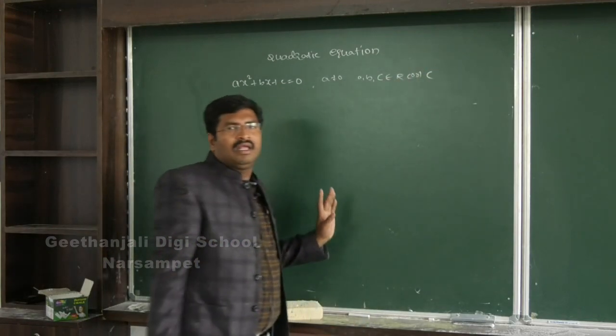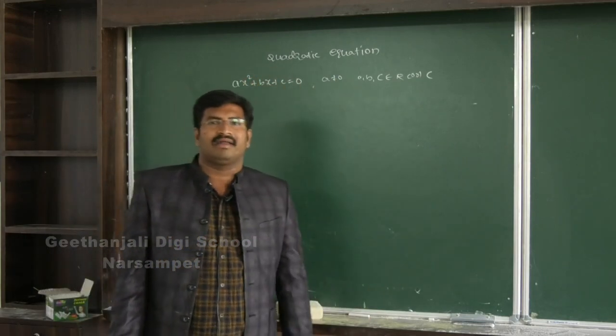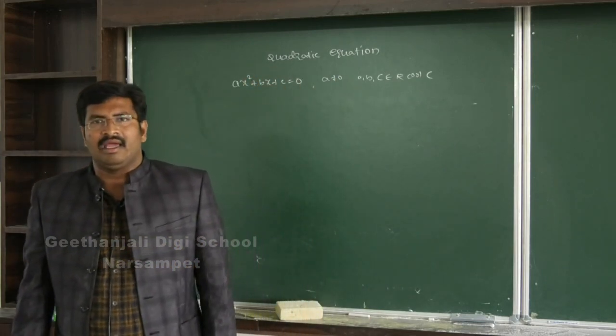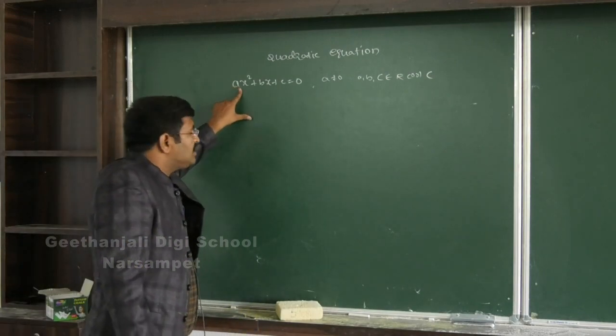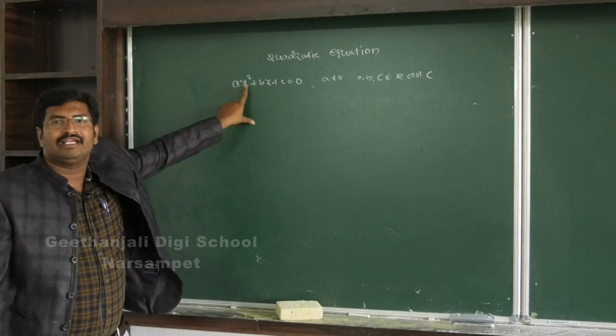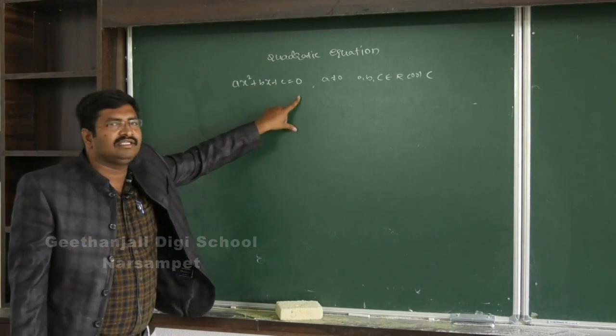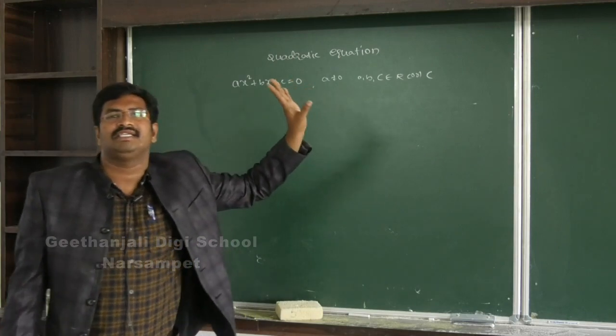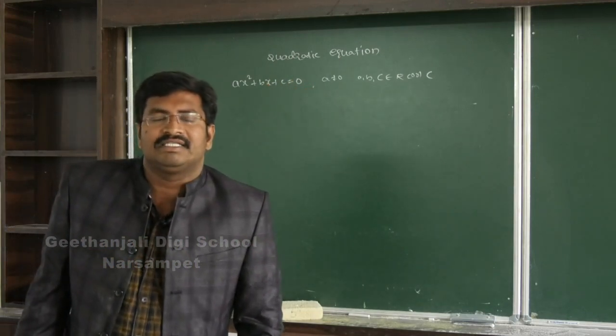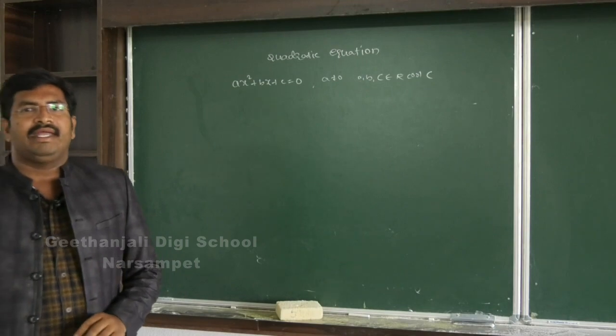Here a, b, c are the constants and x is a variable. Once again, listen: an equation in the form of ax square plus bx plus c is equal to 0, a not equal to 0, a, b, c belonging to real or complex numbers, is called a quadratic equation.